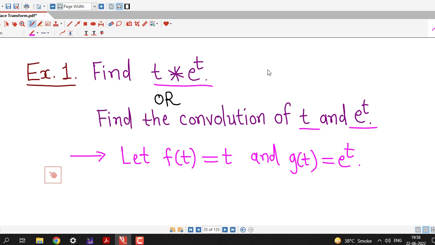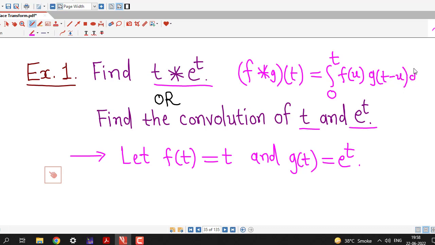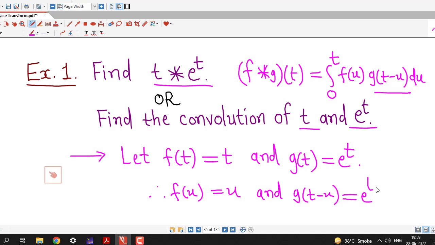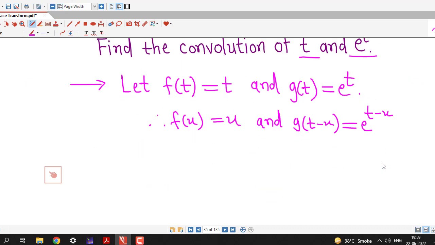Now the definition is f star g of t, that is the convolution of f and g, equal to the integral from 0 to t of f of u g of t minus u with respect to u. Because f of t is t, f of u will be equal to u, and we require g of t minus u. So g of t is e raised to t, therefore g of t minus u is e raised to t minus u.